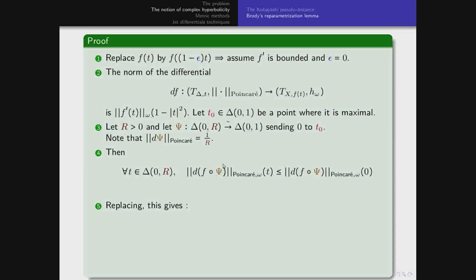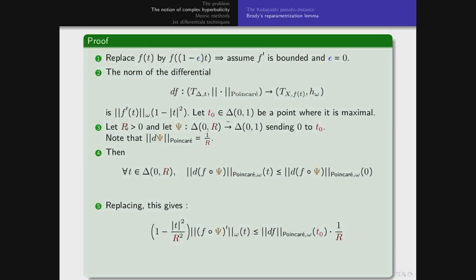We can replace this expression by computing this norm, so you get this expression. It's very similar to this computation here. And it's bounded from above by the norm of the differential of f in the Poincaré metric on this disk and omega at the target, multiplied by 1 over R, which is the norm of the derivative of psi for the Poincaré metric.